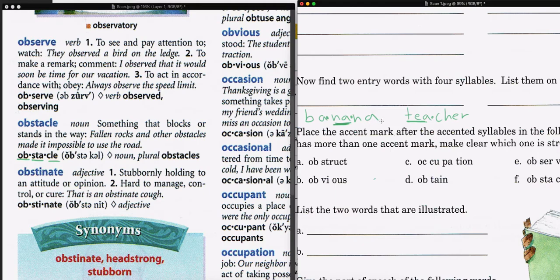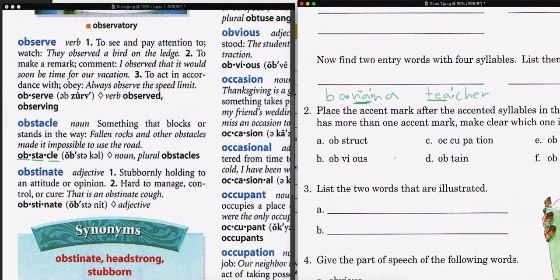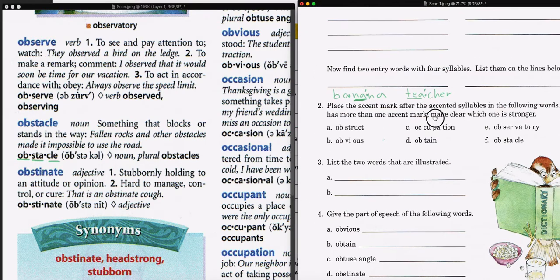And the way we would mark that a syllable is accented is we would draw this little line here, right? And this tells us that this syllable we would say louder compared to the other syllables. Same thing for teacher.